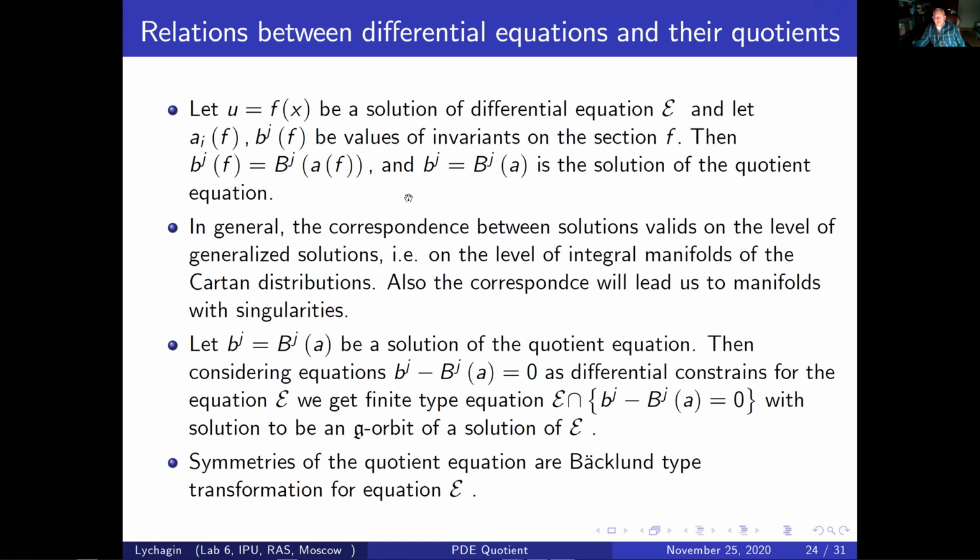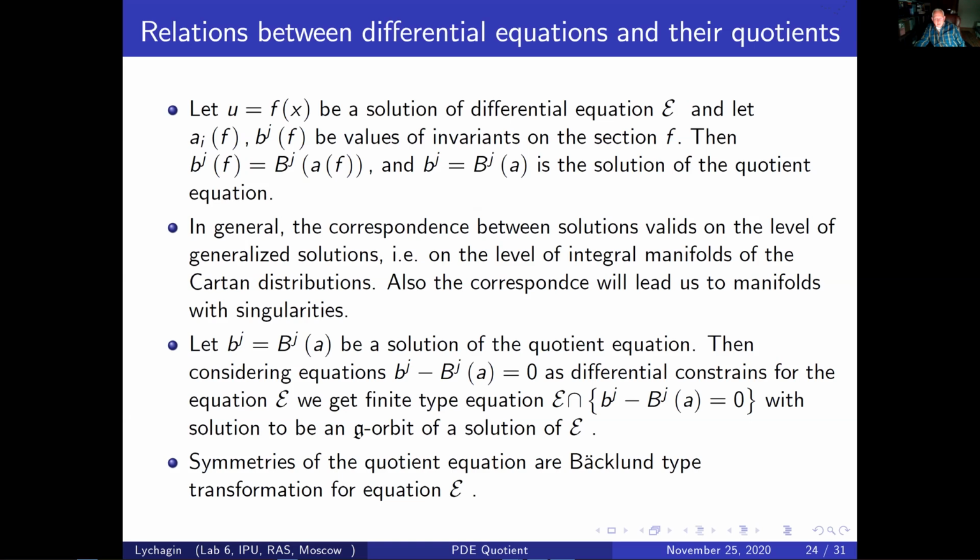The only thing we should be careful about when we talk about solutions is that passing from equation to quotient to projection preserves the Cartan distribution. It doesn't care whether it is a smooth section or not a smooth section. So solutions we should understand as integral manifolds of the Cartan distribution. Then it will be okay.